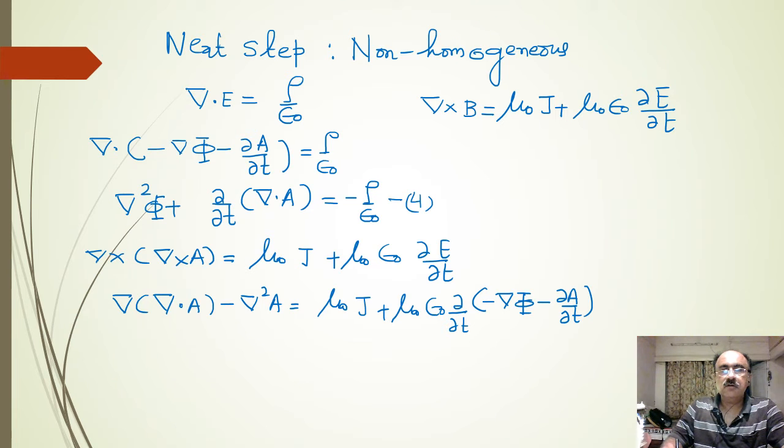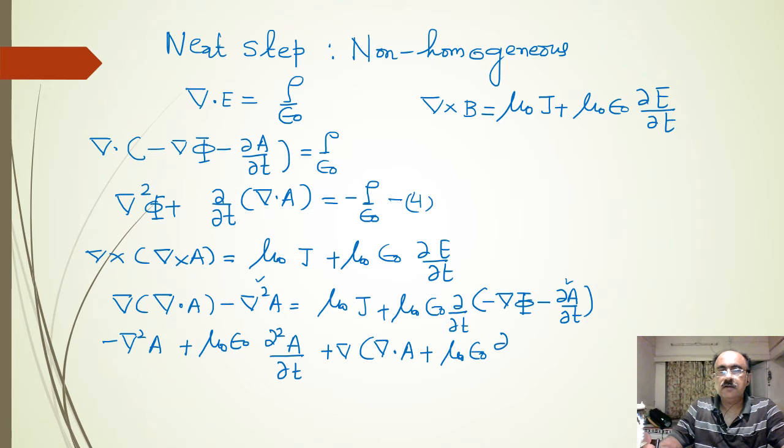So combining the terms, how can we write it? The term minus del square A, if we take it to the other side, we will get plus mu 0 into epsilon 0 del 2A upon del t2, and the other terms are plus gradient of divergence of A plus mu 0 epsilon naught del phi upon del t, is equal to mu 0 into J. So these are all vector fields.